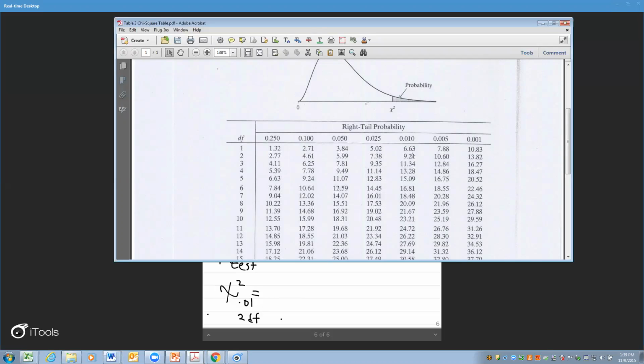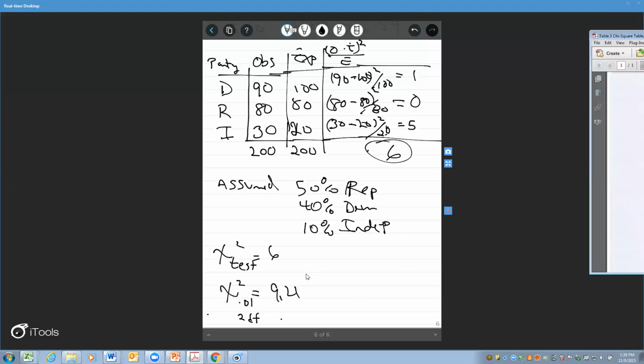I see 9.21. Because my test statistic is less than my critical value, we fail to reject. We do not have enough evidence to say that the distribution has changed.